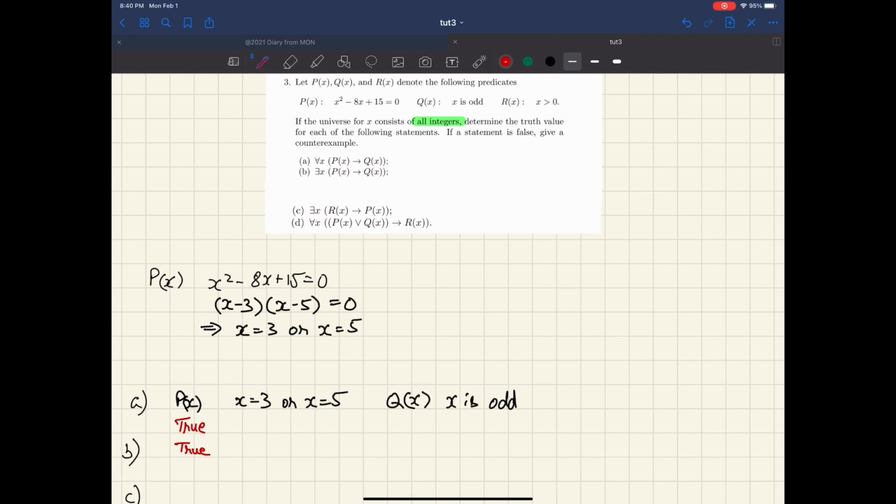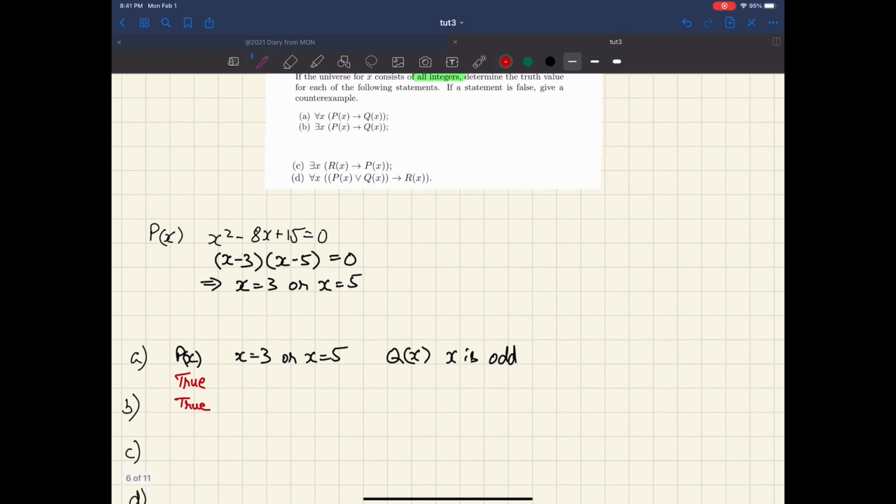Part C says for some x, Rx implies Px, or if Rx, then Px. So you need to identify there would be some x which is greater than 0 and it satisfies P of x, which is true because pick either of these two x's, either 3 or 5, they're both greater than 0 and they fit P of x.